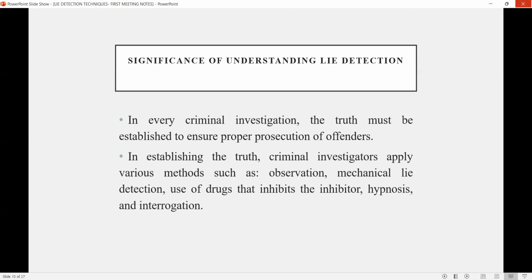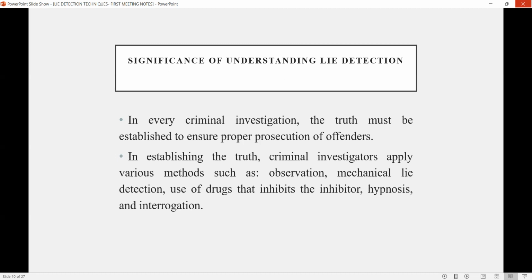And also, if you're an honest person, you can look straight directly in the eyes of the polygraph examiner. And also, you will not dilate your eyes. And if you're an honest person, you will not tap or drum your fingers on the chair you are sitting on.